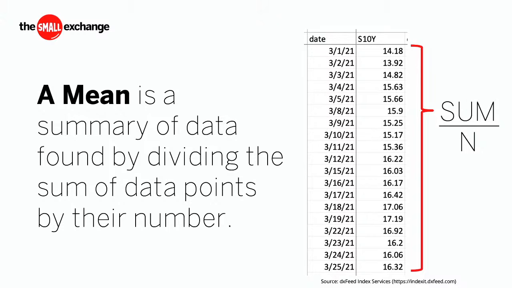You can really get whatever mean you're looking for, whatever time frame, whatever look-back period. It's really not that crazy of a statistic at the end of the day. And it's a really good summary of a market that is easy to calculate. So that's what we're looking at when we're talking about a mean.